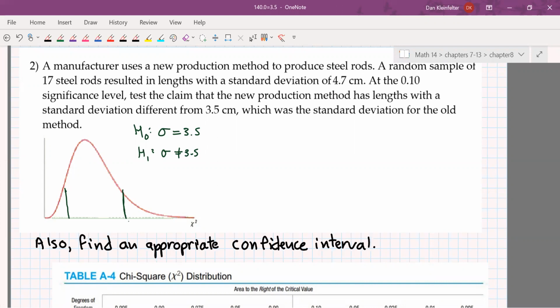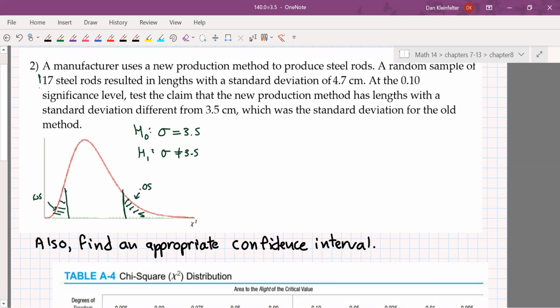All right, so here we're doing this at the 0.10 significance level. So that means that the area in the two tails, because it's a two-tail test, has to total 0.10. So that means that 0.05 will be in each of the two tails.